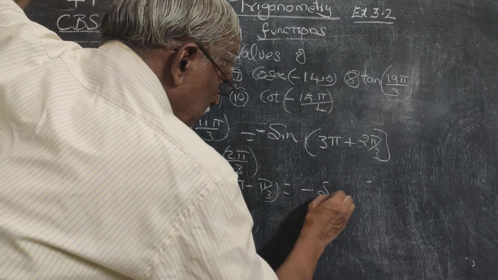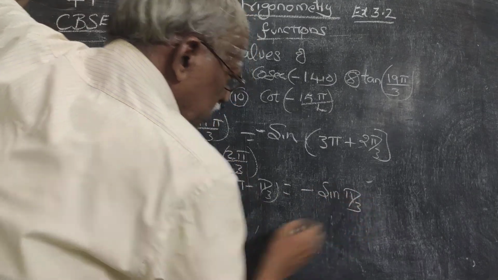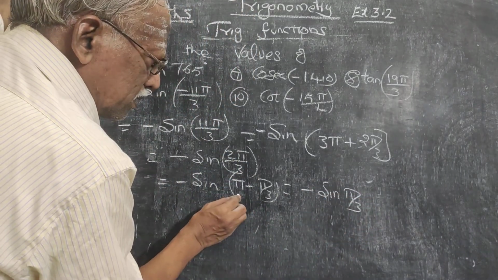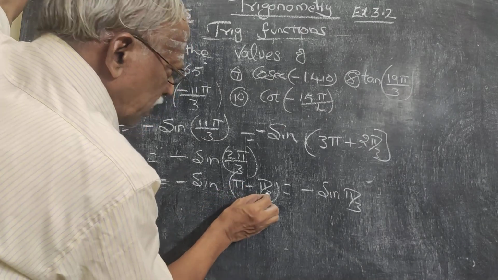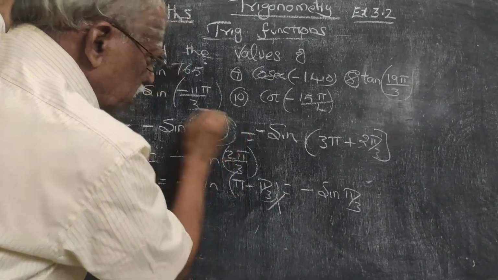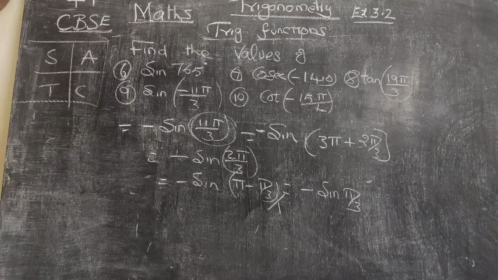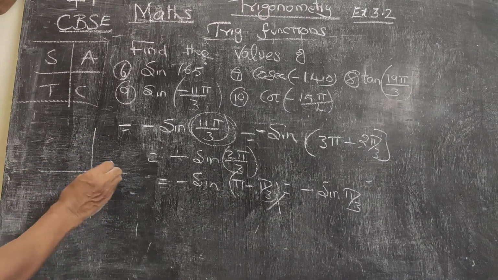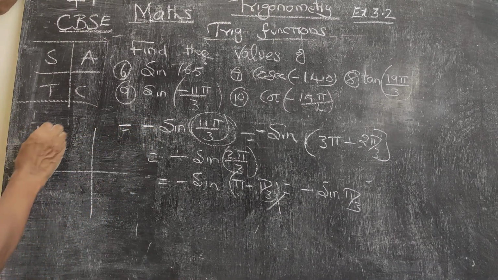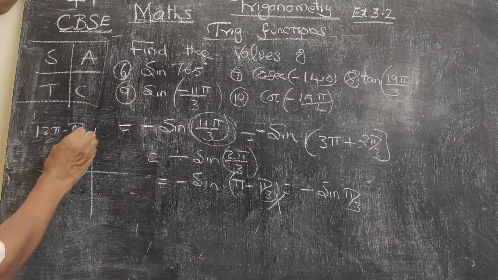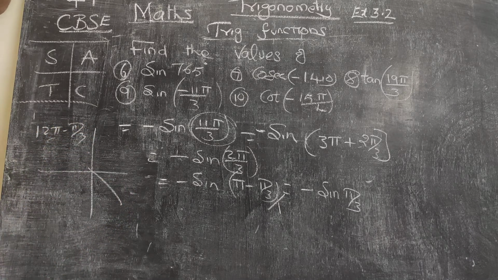So that is minus sine pi by 3. But by mistake I have taken only this pi minus pi by 3. I should not have taken. I should have looked into this only. The original problem is 11 pi by 3. So I must find out where it lies. 11 pi by 3, that is 12 pi minus something. Therefore it lies in the fourth quadrant.